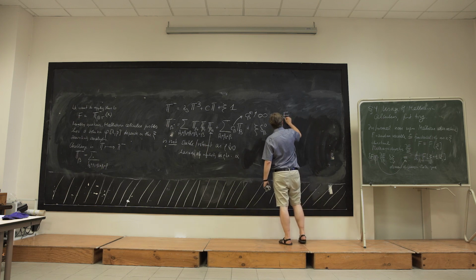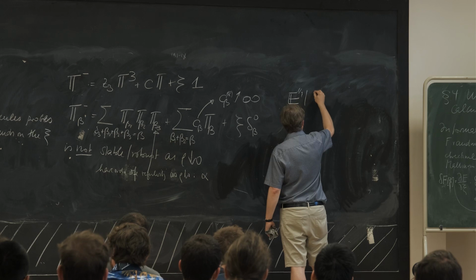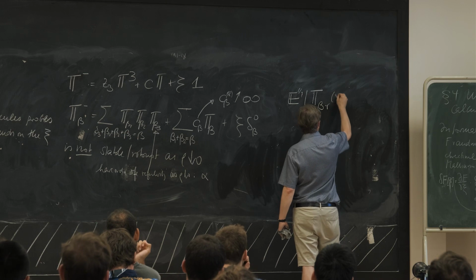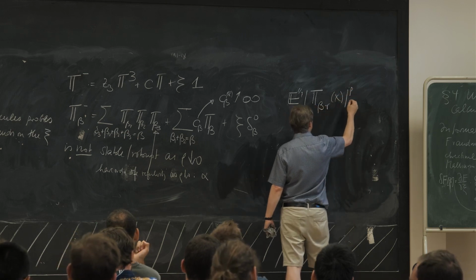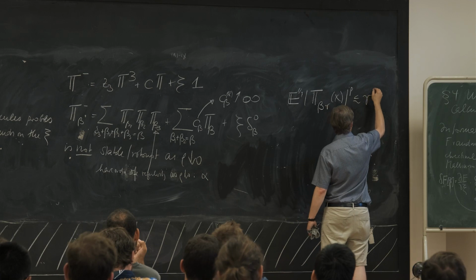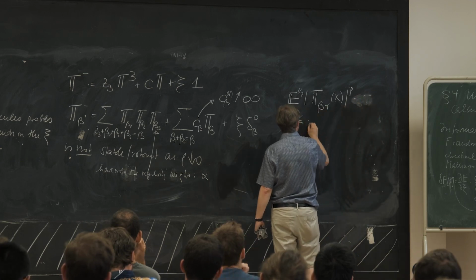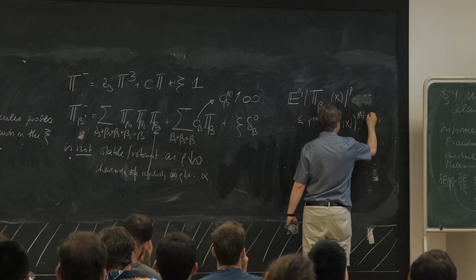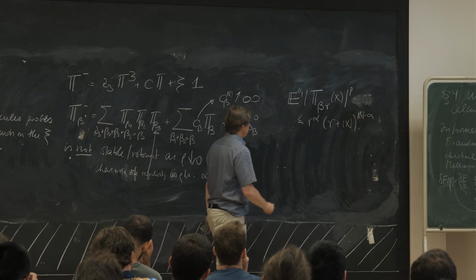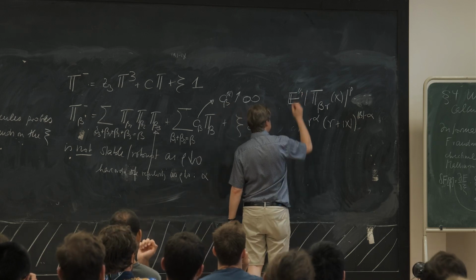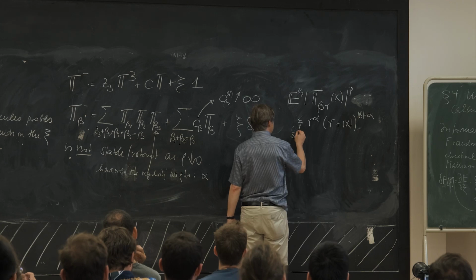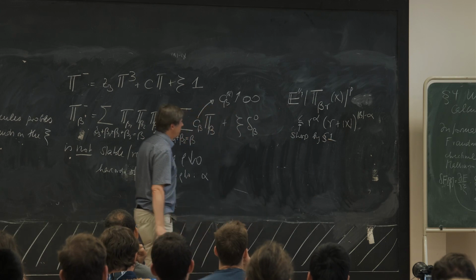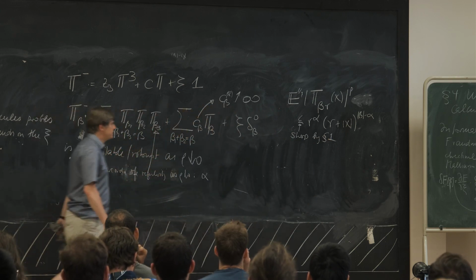Let me write down the result. R, X, P, in fact, to the power r, that was estimated by r to the power alpha, r plus x to the power beta minus alpha. And in fact, that's our result, and we think that this is sharp.